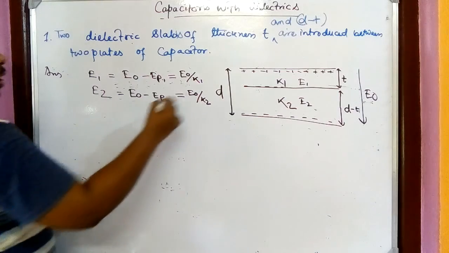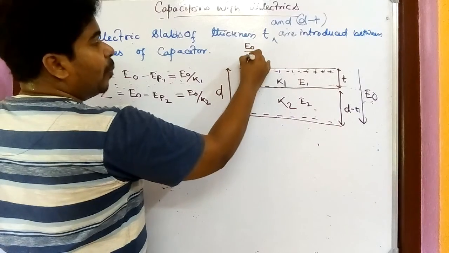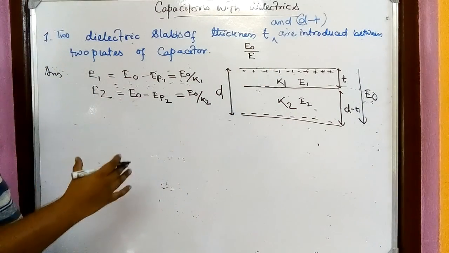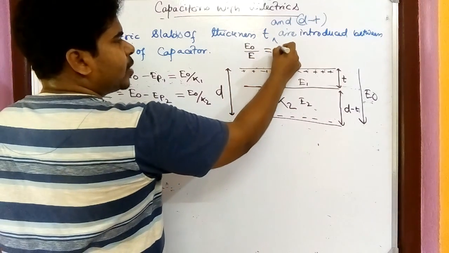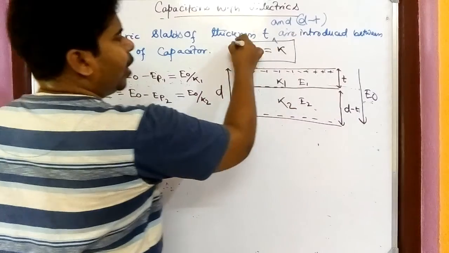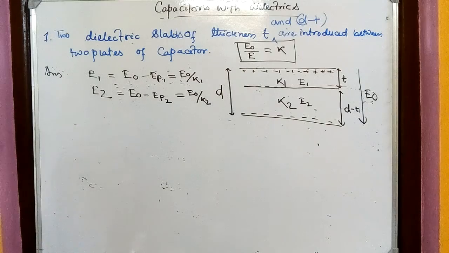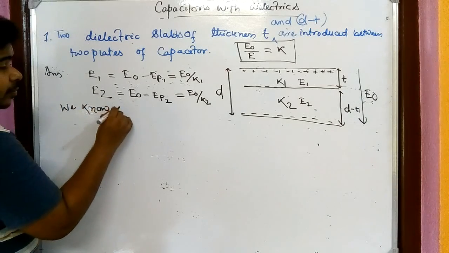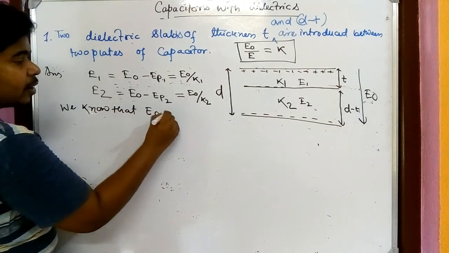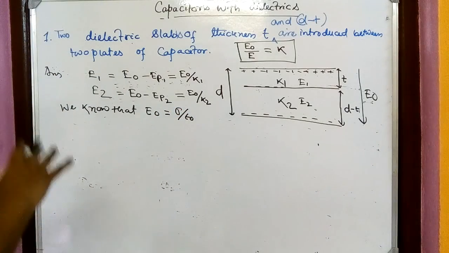Because earlier we have learned that the ratio of the external electric field to the resultant electric field is the dielectric constant. So that's why E1 equals E naught by K1 and E2 equals E naught by K2. We know that E naught is equal to sigma by epsilon naught. It's very common.